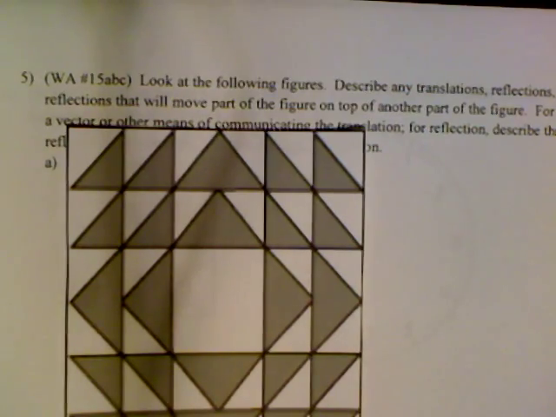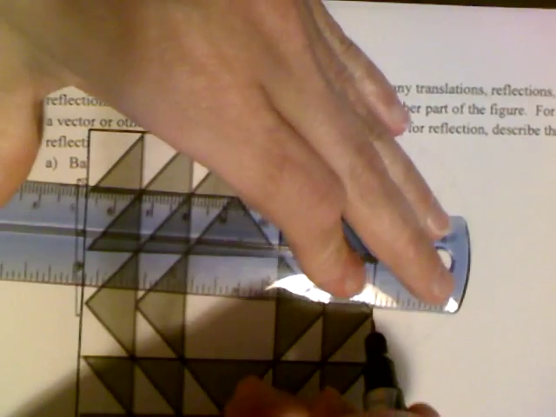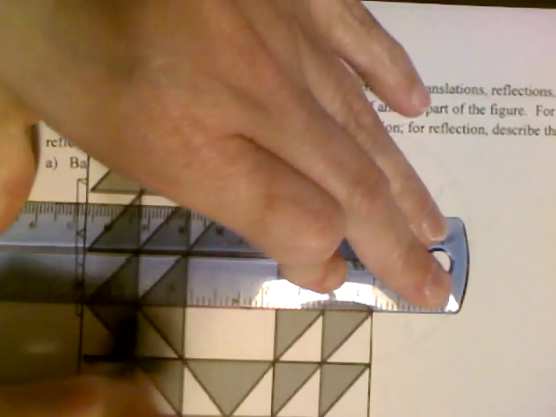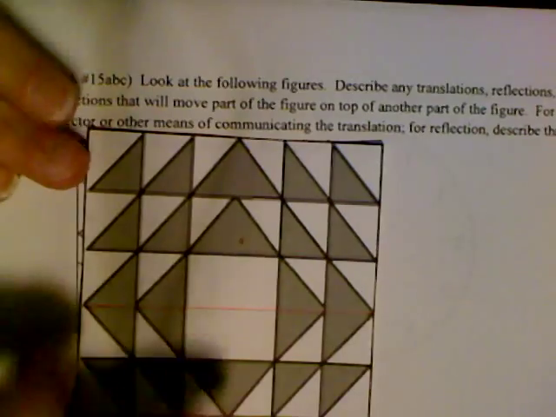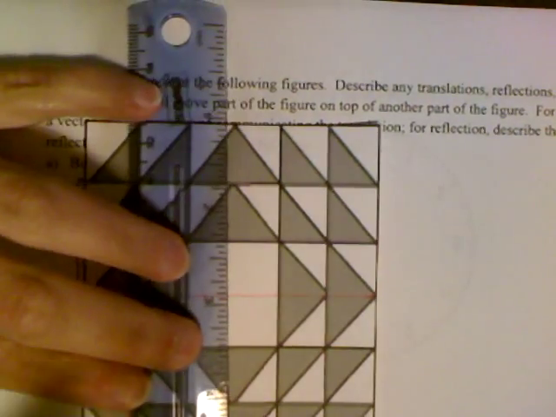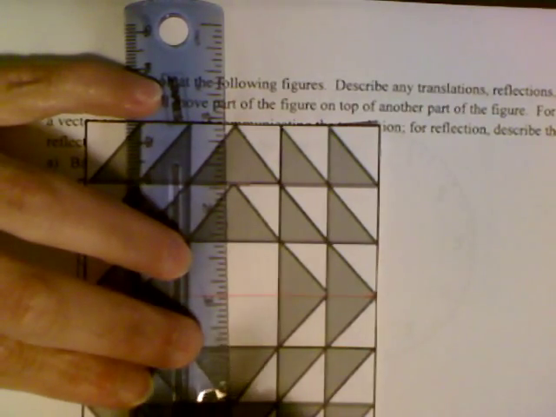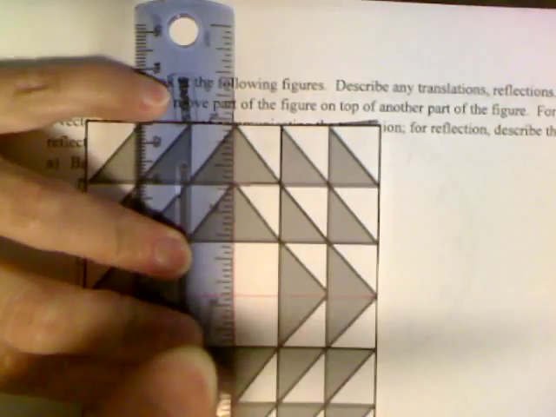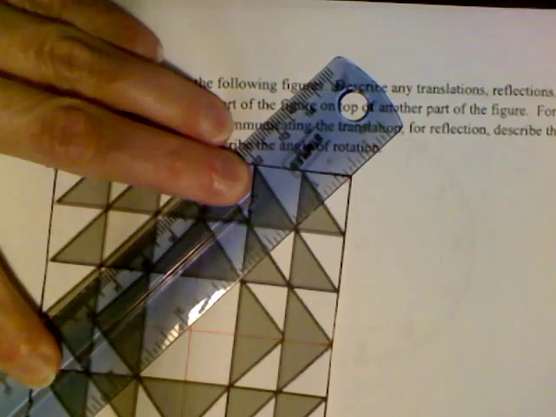All right, if I draw a line there, that could be a line of symmetry. I also have another line here. I also have the diagonals. These are also lines of reflection.